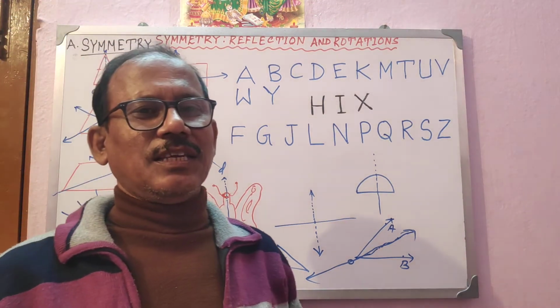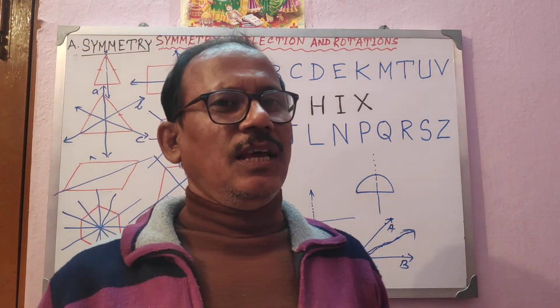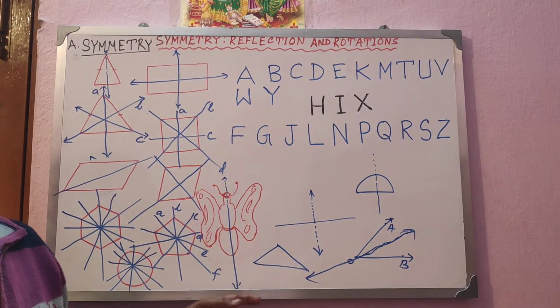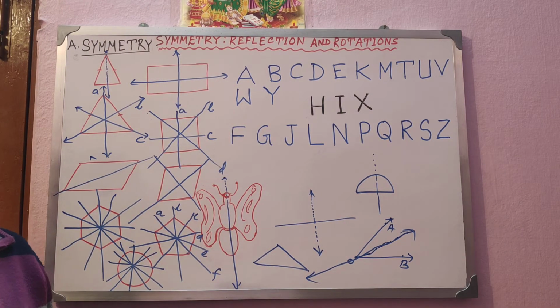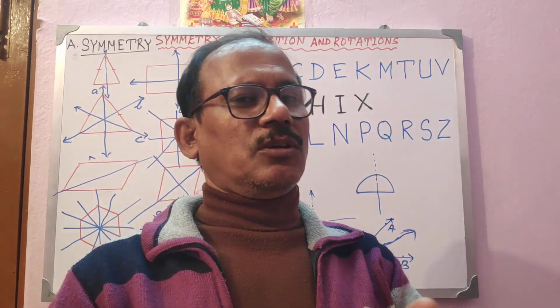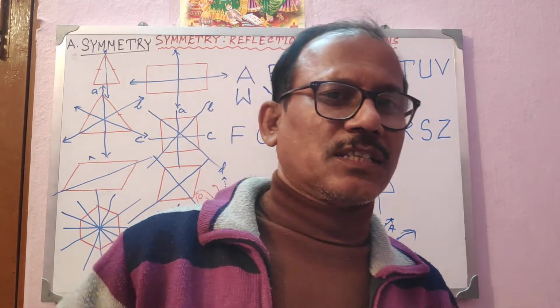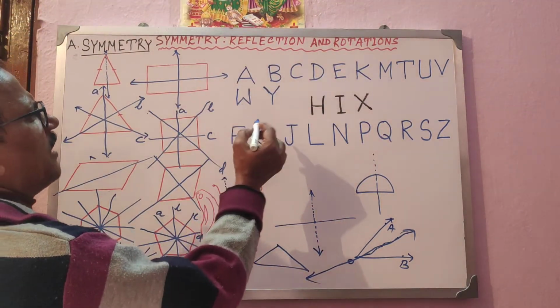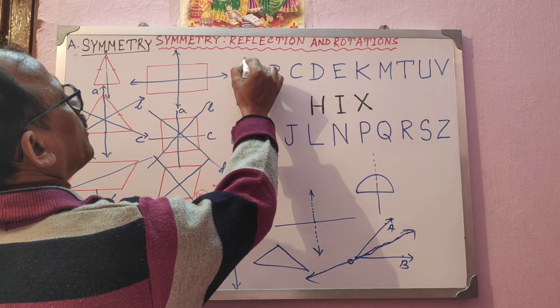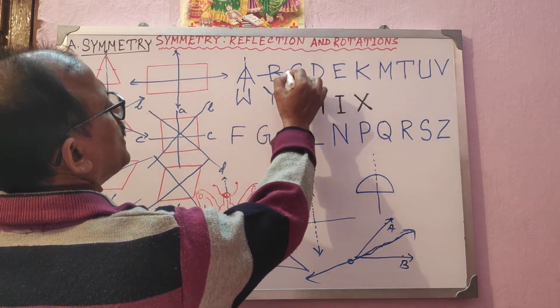In the English alphabet, there are 26 letters. I will talk to you about each letter. What will be the line or lines of symmetry? It is not necessary that all the letters will have a line of symmetry. Some letters will have only 1 line of symmetry, and some letters have more. See, letter A, you can draw 1 line of symmetry. Letter B, this way. Letter C, this way.